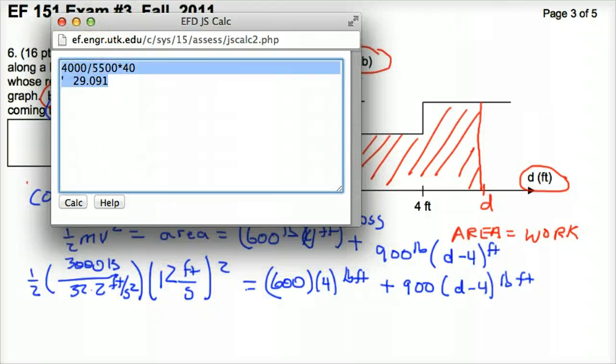It's pretty simple, but I'll go ahead and use the solver just like you would on your calculator. So 0.5 times 3,000 divided by 32.2 times 12. Okay, move this over to the other side. Times 4. And then move that over the other side. Minus 900 times d minus, I'm going to use x, minus 4.